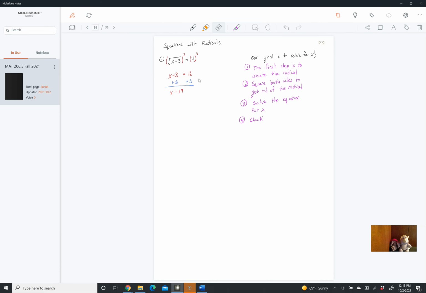Okay, so because of that, you always need to check. So you want to check to make sure your solution is not extraneous. Which means it's a solution to the final equation, but not the original.